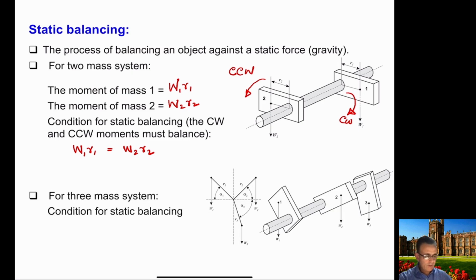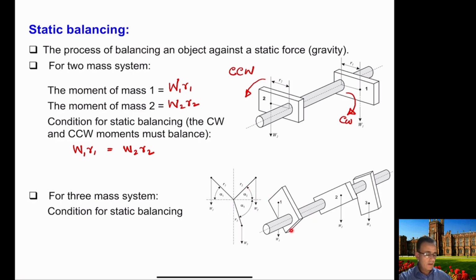Okay, now we can consider a bit more complicated case here. In this case, we again have a shaft, and now three masses are attached to the same shaft. So we can say that this is our three mass system here, and this is again the isometric view, and we are also given the side view of this figure here.